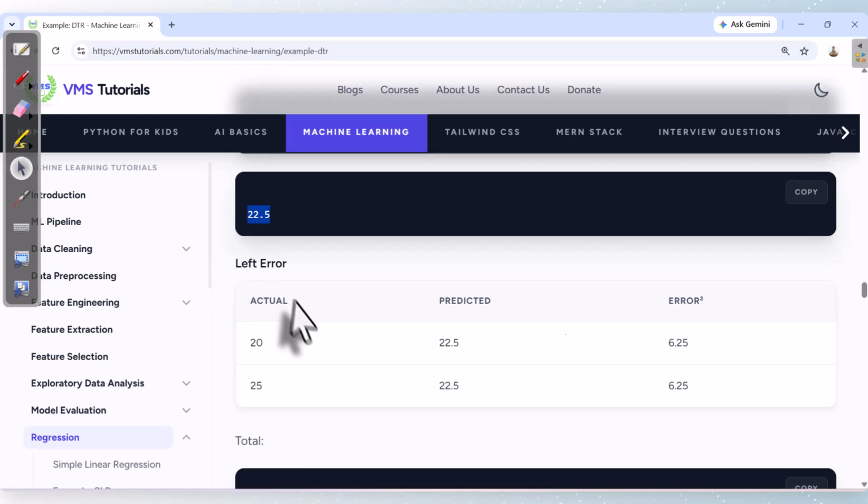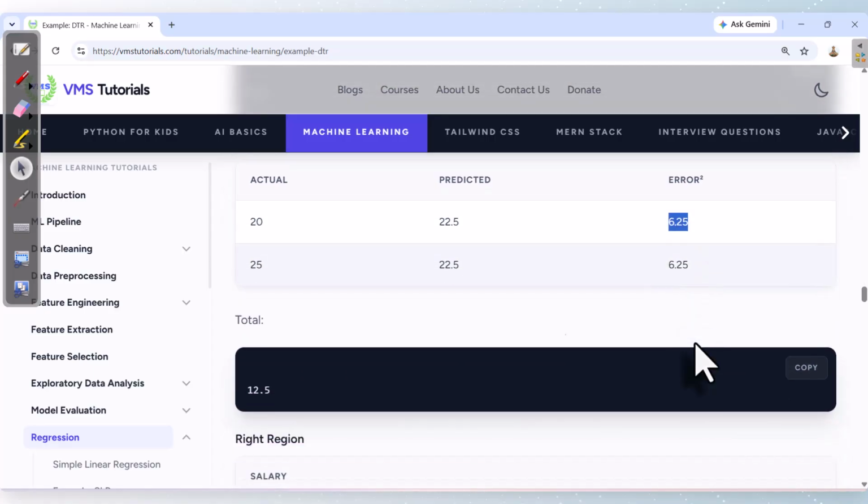Now for the left region, calculate the error. These are the actual values 20, 25. Our predicted value will be 22.5 for both. Now subtract and square the error. 6.25, 6.25. So total error is 12.5.